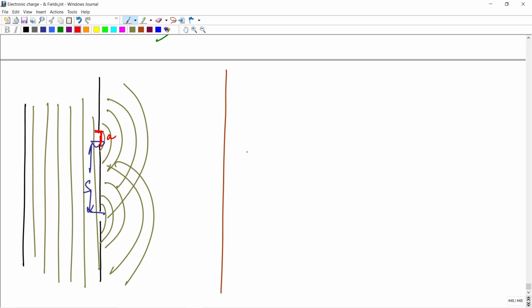First we get a diffraction pattern, and due to diffraction we get some central fringes here. Suppose we get a spot here. The central fringe looks like this, and it has very high intensity.